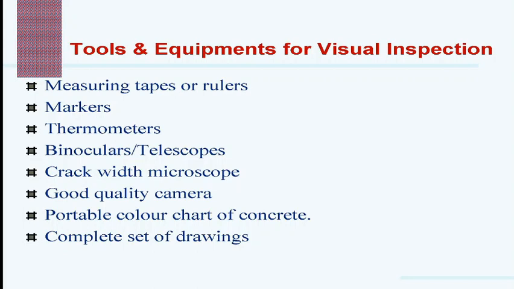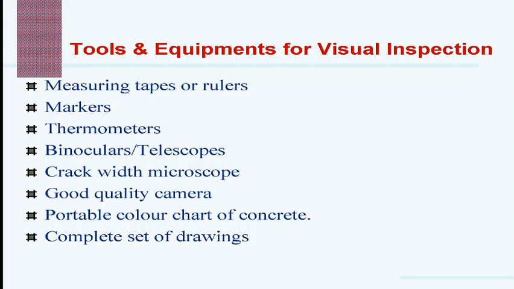A good quality camera with the necessary zoom and micro lenses and other accessories will be useful. A portable color chart is helpful in identifying variation in the color of the concrete.